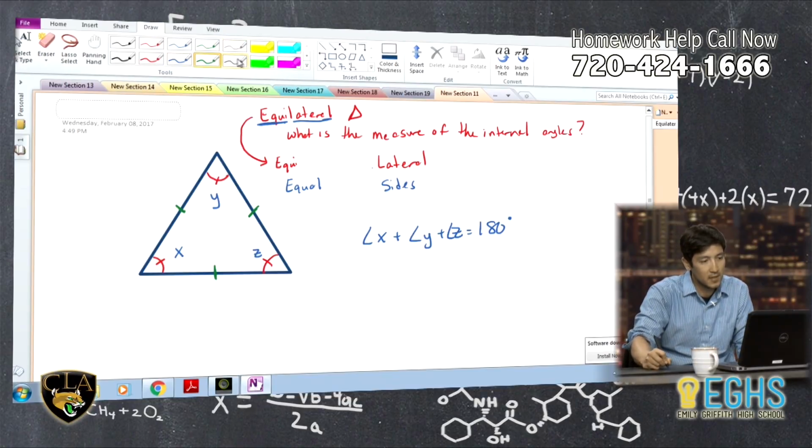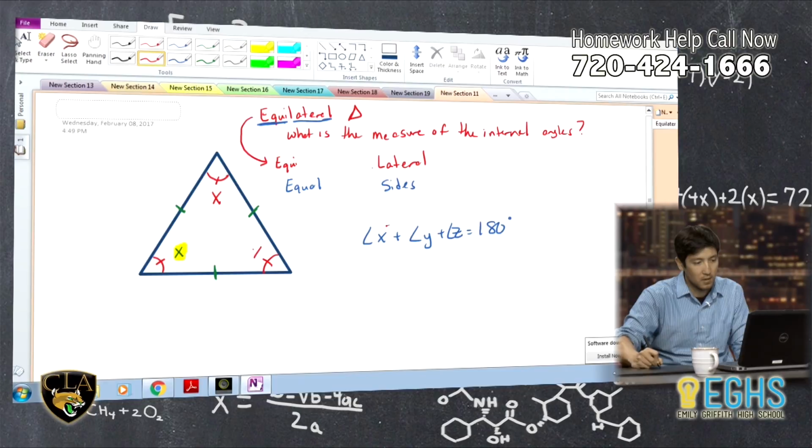So instead of using 3 variables, even though we have 3 unknowns, if this is angle x right here, and we know all these angles are congruent, then we can call this angle x, and instead of angle z, we can call this angle x too. So then we have x plus x plus x equals 180.